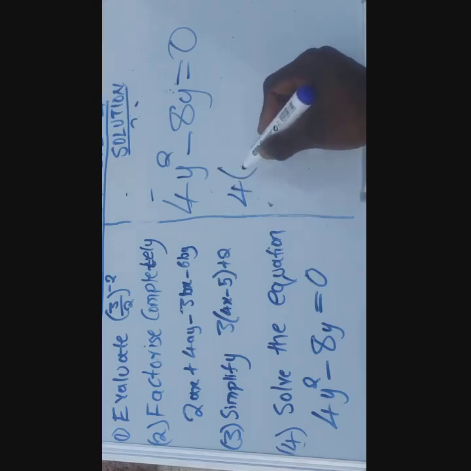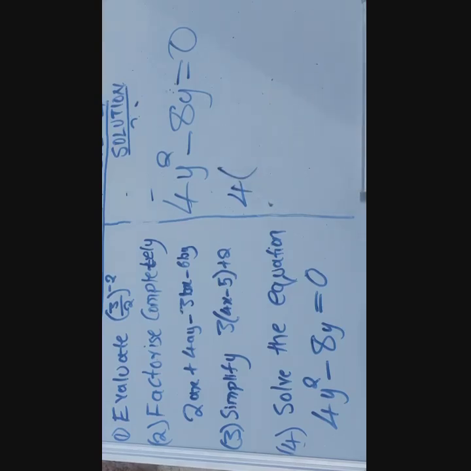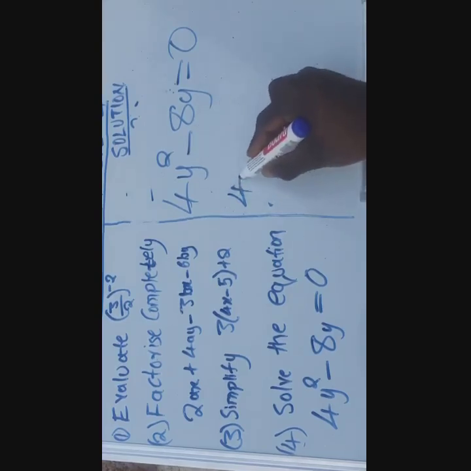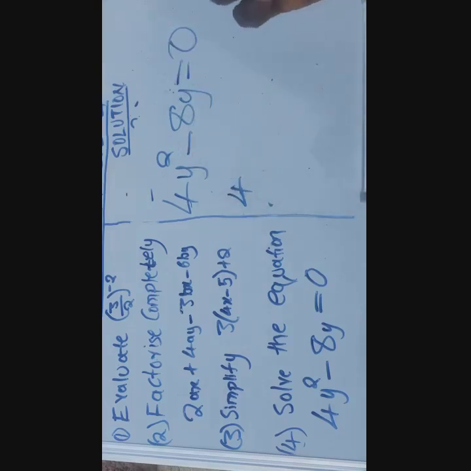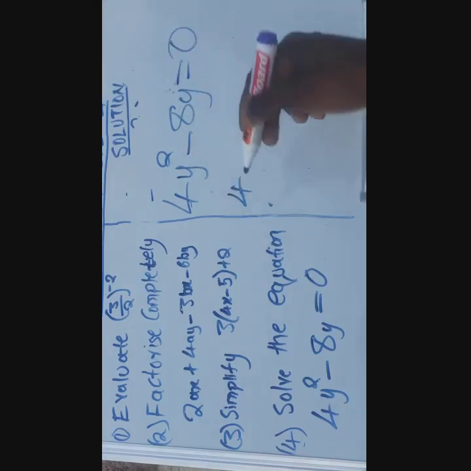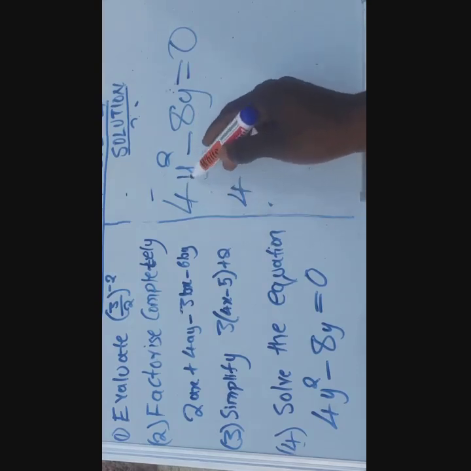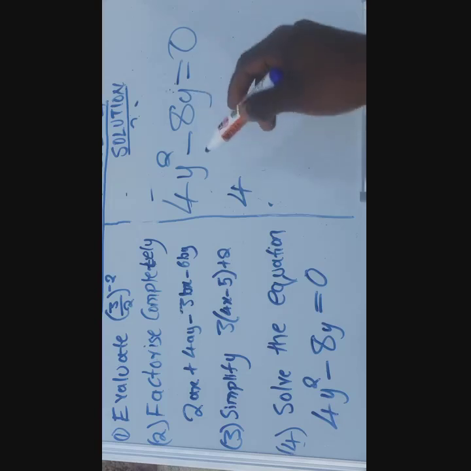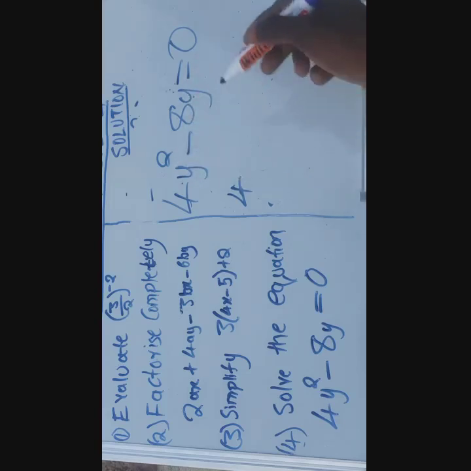So we are going to say 4, then open the brackets. In fact, before opening the brackets, we are going to say 4 into 4, it is 1, but we do not write 1. So we are going to say 4 into 4y squared, so we are going to have 1, but we do not write 1. Then we are going to look for a variable which is both here and here, and this is y.